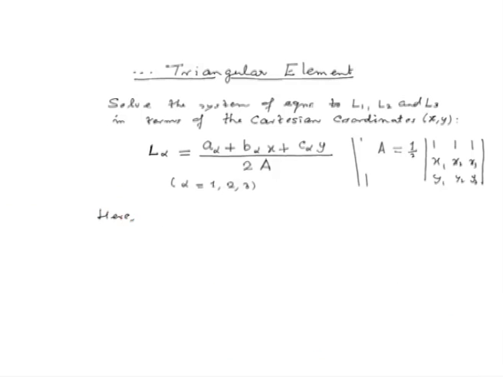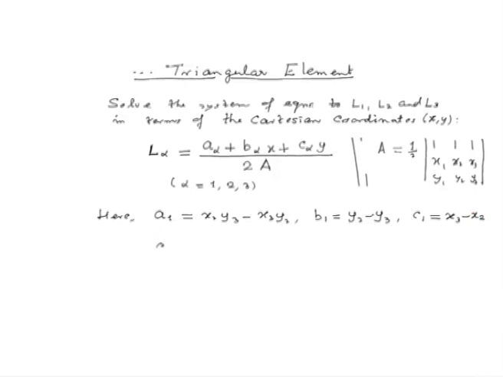So, here using Cramer's rule, you can easily see that this A1, if alpha is equal to 1, A1 is x2 y3 minus x3 y2, B1 is y2 minus y3, and C1 is x3 minus x2.